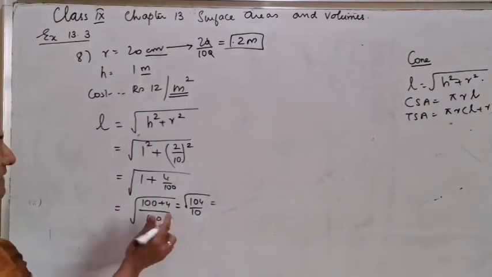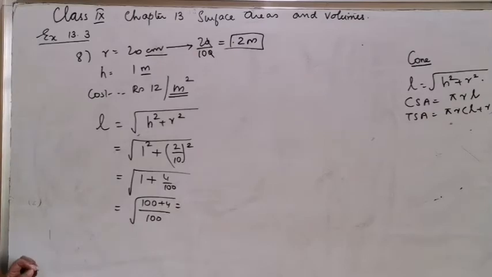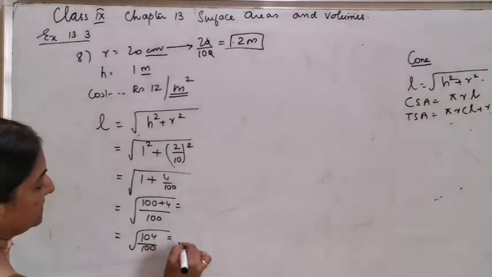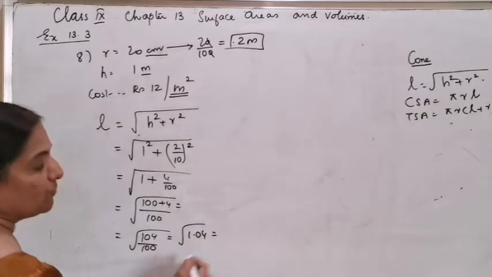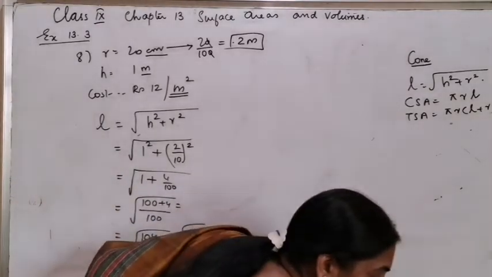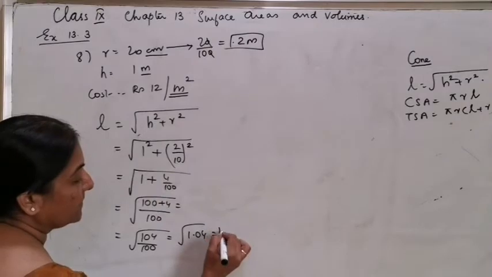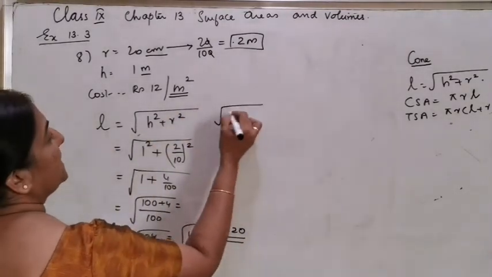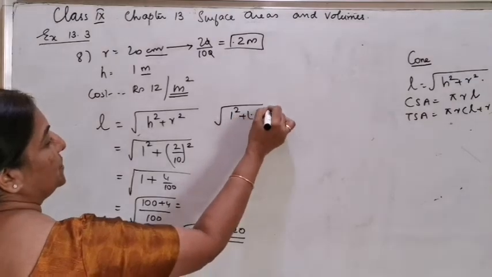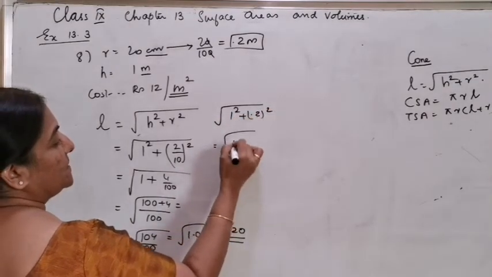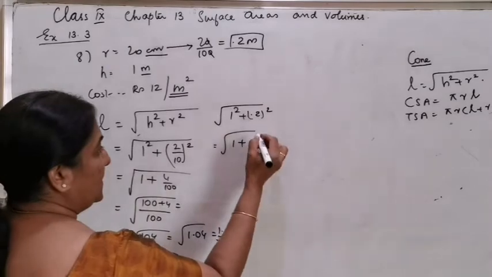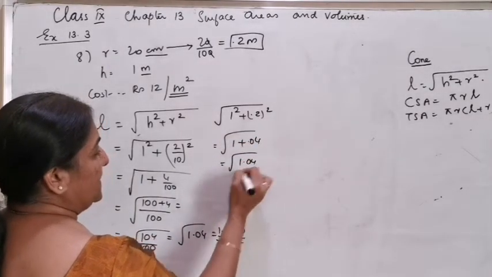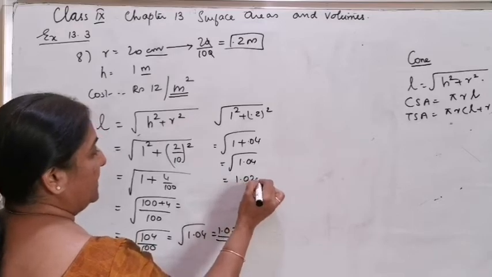Root 104 by 100 is the same as square root of 1.04, and they have given you the value as 1.020. Or if you take it as 1 square plus 0.2 the whole square, this will be more easy, it is 1 plus 0.04, square root of 1.04, the same you can take.